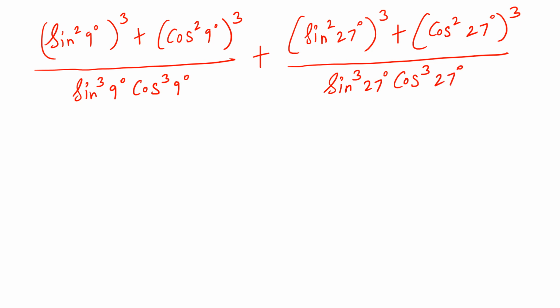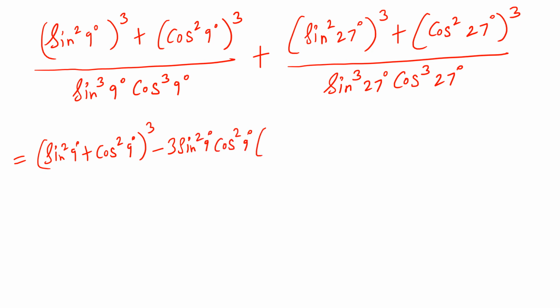Right? Now students, we know that a cube plus b cube is equal to a plus b whole cube minus 3ab into a plus b. So this means sin 9 degree to the power 6 plus cos 9 degree to the power 6 can be written as sin square 9 degree plus cos square 9 degree whole cube minus 3 sin square 9 degree into cos square 9 degree into sin square 9 degree plus cos square 9 degree.